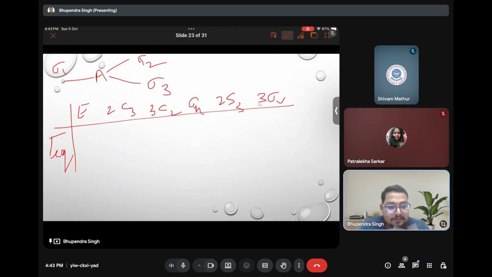So if we apply the identity operation, all the bonds remain as they are. So the character will be 3. This is the reducible representation of the equatorial bonds for E. So bonds are not going to change.